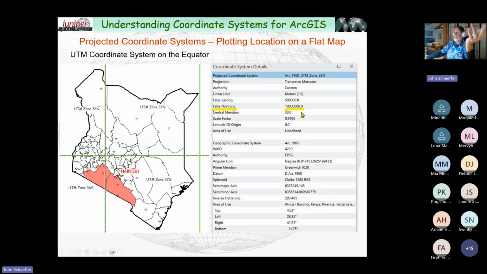And then you've got central meridian, scale factor, and so on. Coordinate system, datum, spheroid, all this kind of stuff.